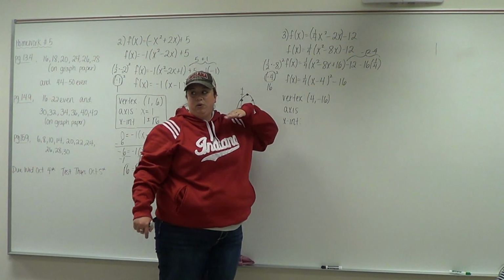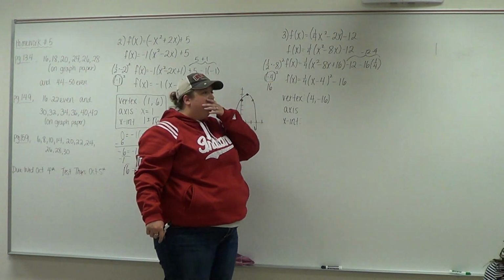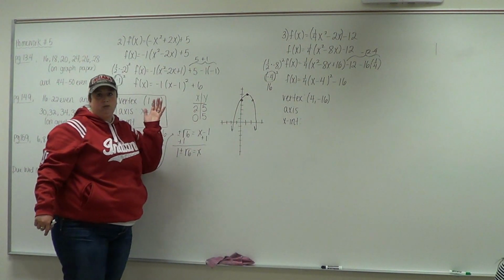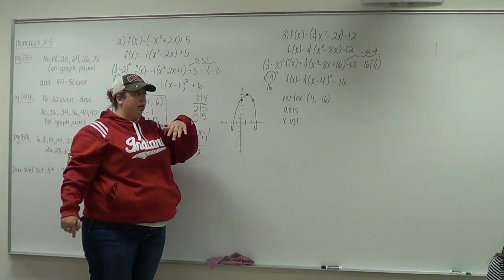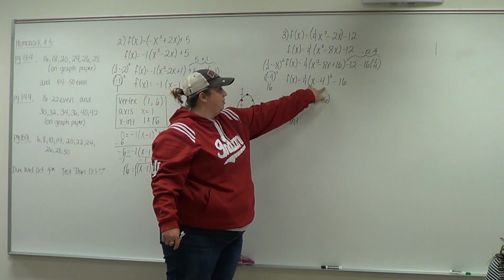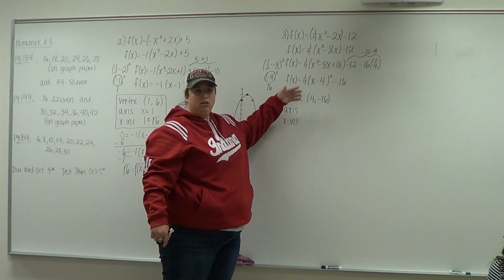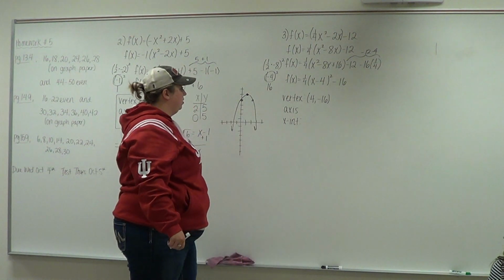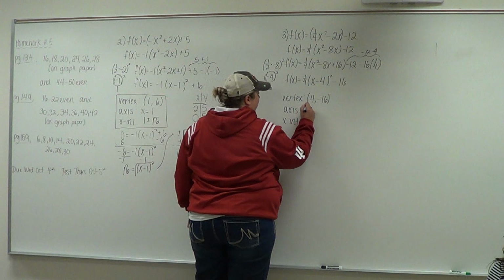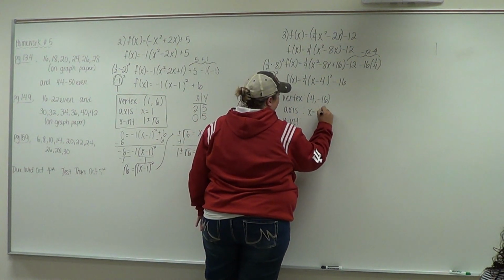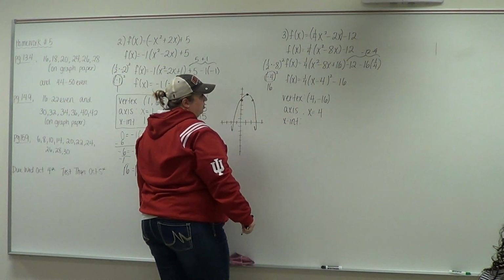The one that's not in parentheses always stays the same. And this is going to be true when we do conic sections, which is next semester in trigonometry. Same thing. When you take something out of the parentheses squared, the sign changes. Just like we did circles. You pulled it out, it changed. Okay, axis of symmetry would be x equals 4.